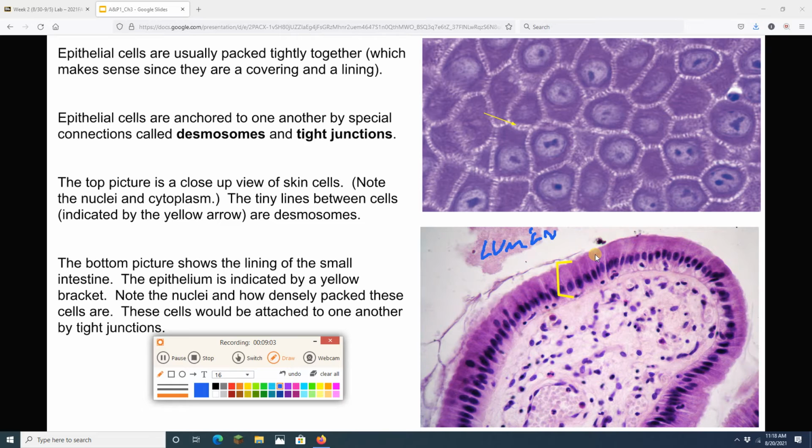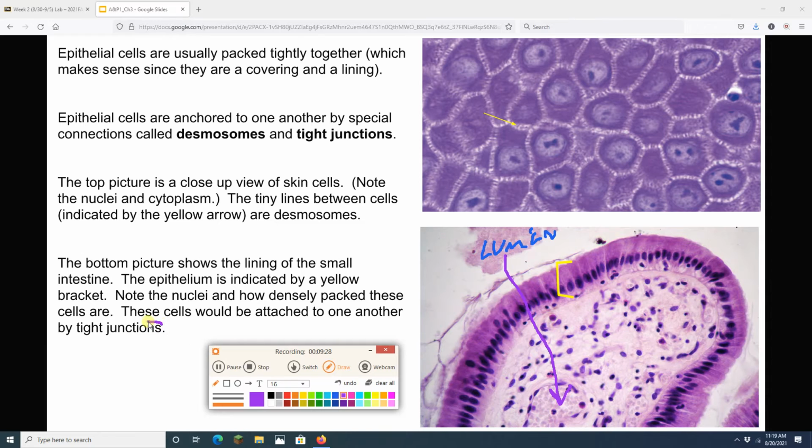And what we want to do in the small intestine is we want to make sure that nothing sneaks between the cells. We want to regulate what goes from the lumen through the epithelium into neighboring blood vessels. This is a blood vessel that I ended the arrow in right there. So what we do in the small intestine is we attach the cells together with these structures called tight junctions.